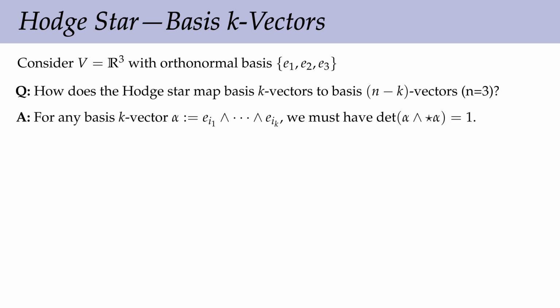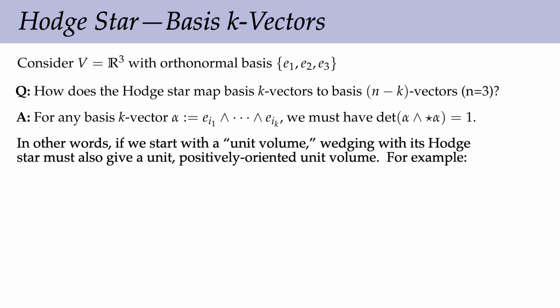And the statement that's going to really pin down the Hodge star is this one: for any basis k vector alpha, which is equal to ei1 wedge ei2 wedge ... wedge eik, we're going to define the Hodge star so that the determinant of alpha wedge star alpha is equal to 1.